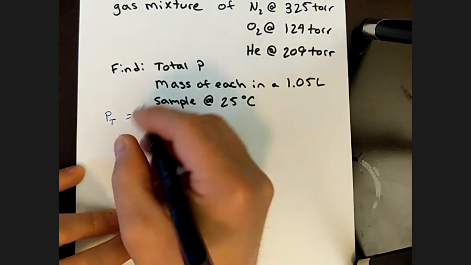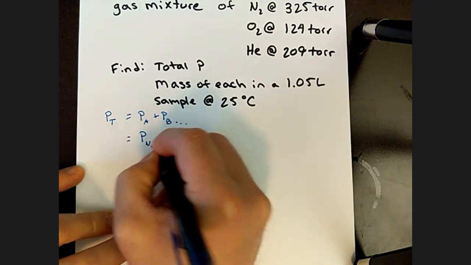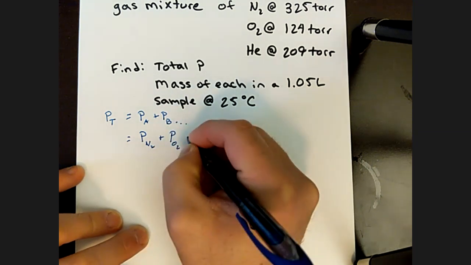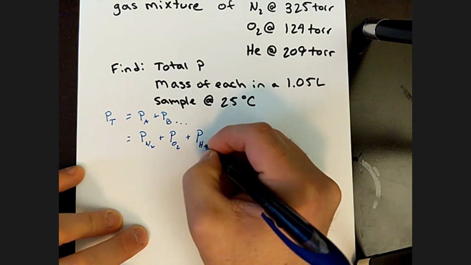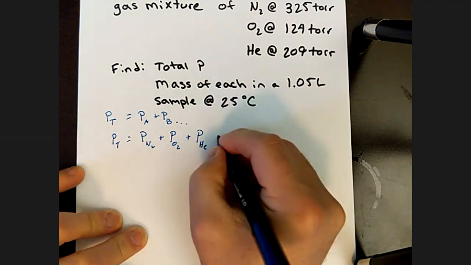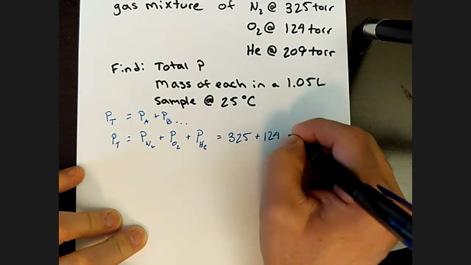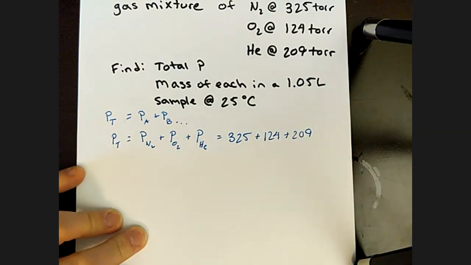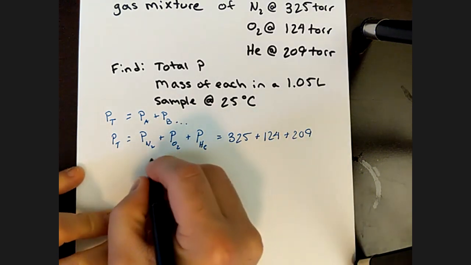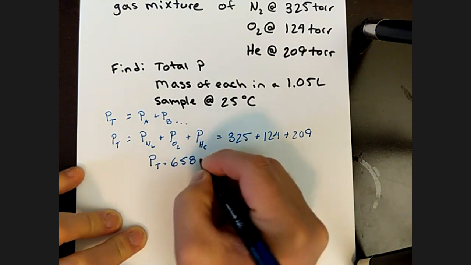In this case, the partial pressure of nitrogen plus the partial pressure of oxygen plus the partial pressure of helium will equal the total pressure of the system. If we sum up all of our values here, we have a total pressure of 658 torr.